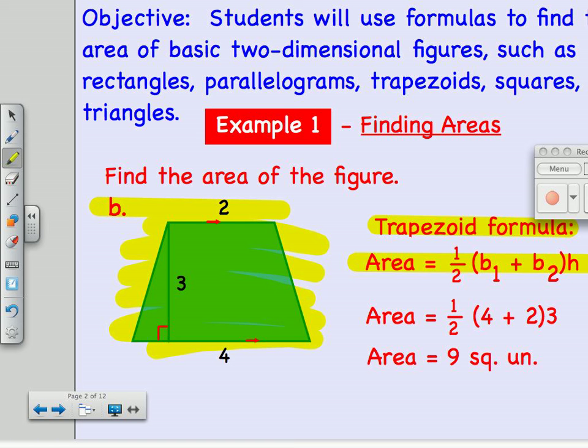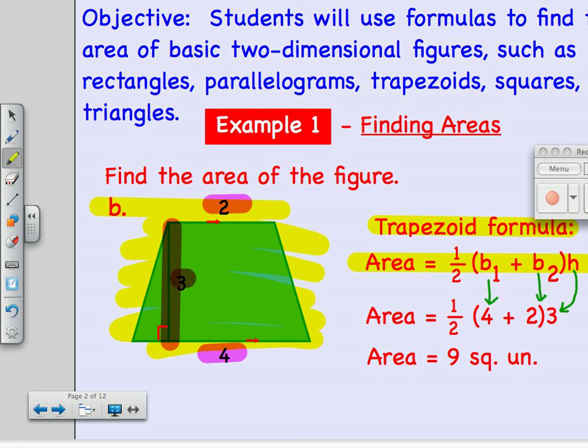Area is half. One base is 4. Another base is 2. And the height is the perpendicular line, so that's 3. Okay? So base 1 is 4, base 2 is 2, and the height is 3.